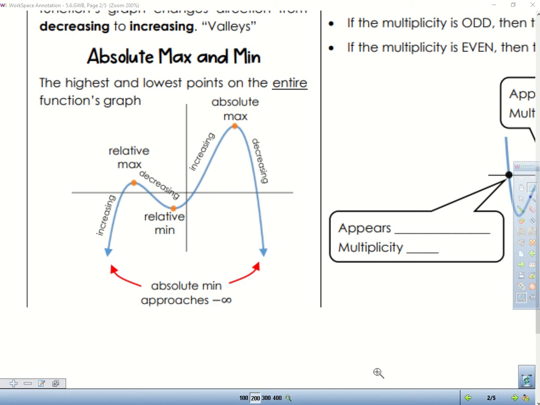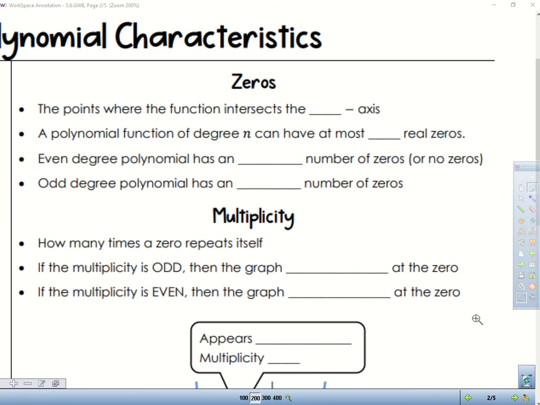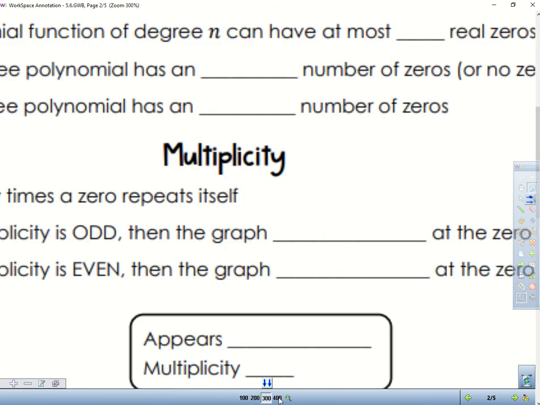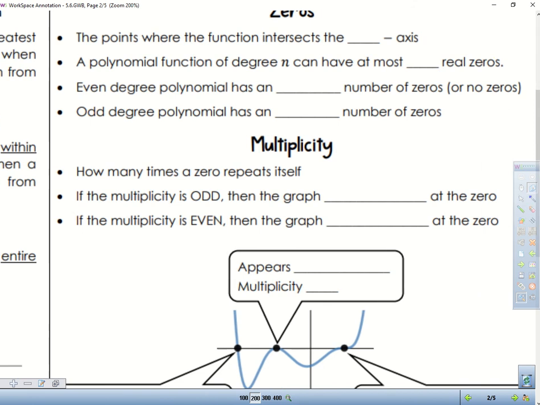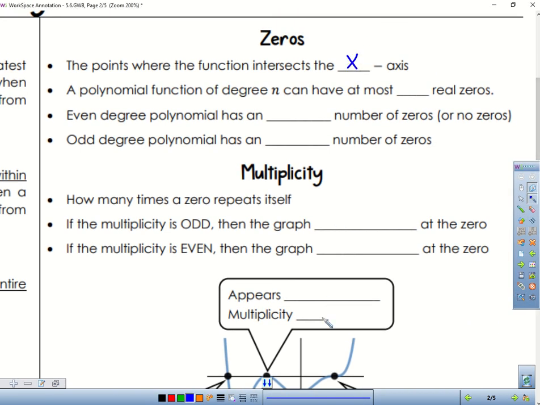Alright, so let's go ahead and talk a little bit about zeros and multiplicity. A zero is a point where the function intersects the x-axis. Very good, x-axis. I was on Zoom, hang on. There we go. The x-axis. A polynomial function of degree n can have at most n real zeros. So n just means any.